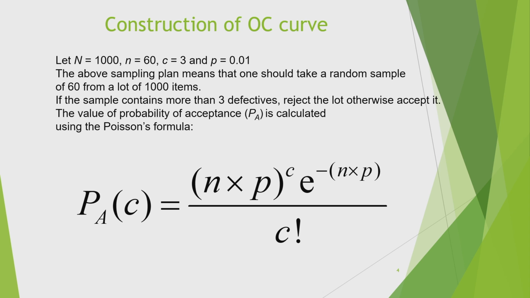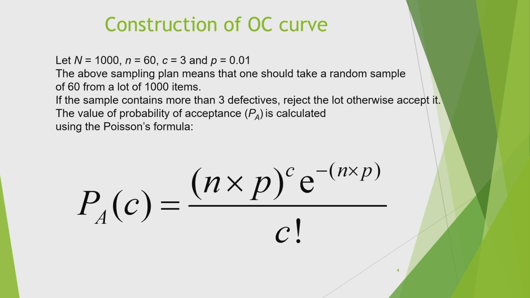So the Poisson distribution formula is this. This is the formula. The probability that there will be C defectives is given by (n times P) to the power C, into e to the power minus n times P, divided by factorial C. This is the formula: if you have this much fraction of defectives, like P equal to 0.01 here, in that case what is the probability that there will be 0 defects?